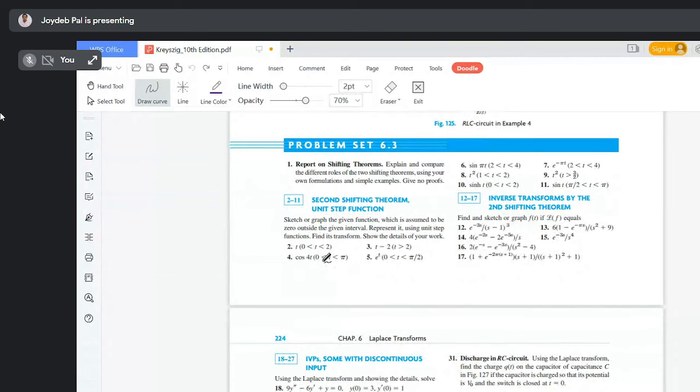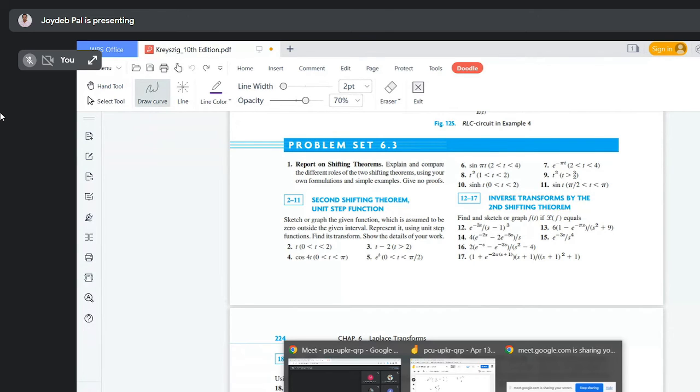Okay. Now let us learn to find some Laplace inverse by using t shifting. I am showing the first one, problem number 12. Problems 12 to 17 are some Laplace inverse problems. e to the power minus 3s, s minus 1 whole cube.